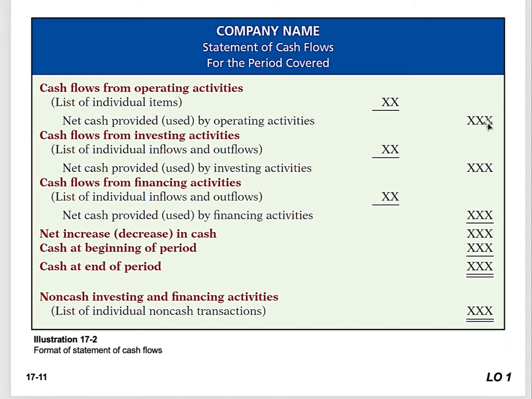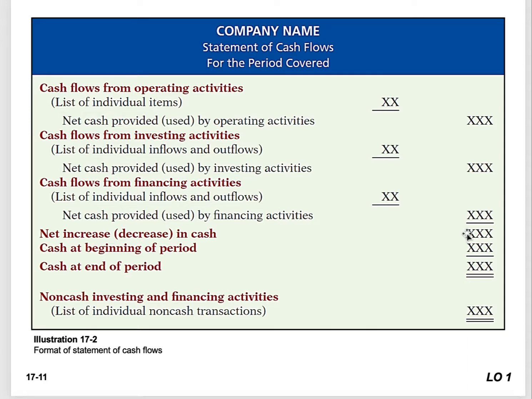Then what you do is you take each section: the net cash from operating, the net cash from investing, and then the net cash from financing activities, and you total those up. We either have a net increase or a net decrease in cash.